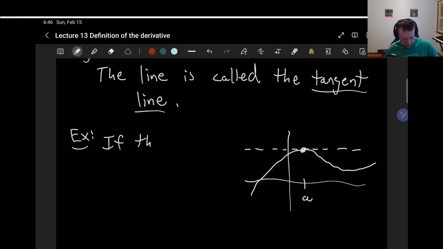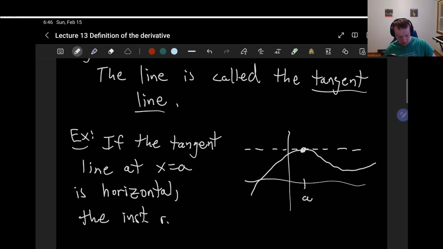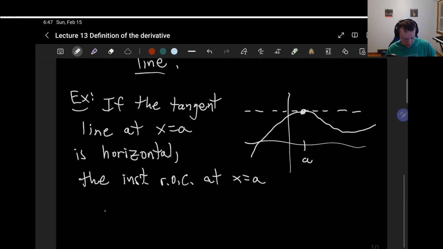So if the tangent line at this x value A is horizontal, then this means the instantaneous rate of change at this x value is 0, effectively no change.